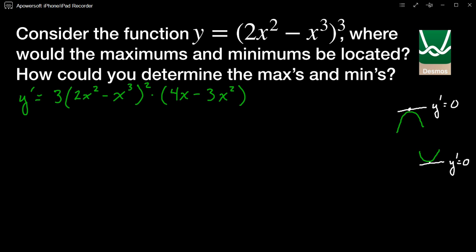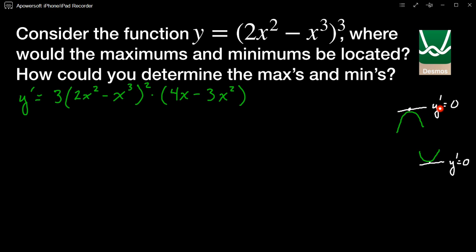Now the other thing to notice here is that if you think about tangent lines on this side, tangent lines would have a positive slope to them. Over here, tangent lines would have a negative slope to them.